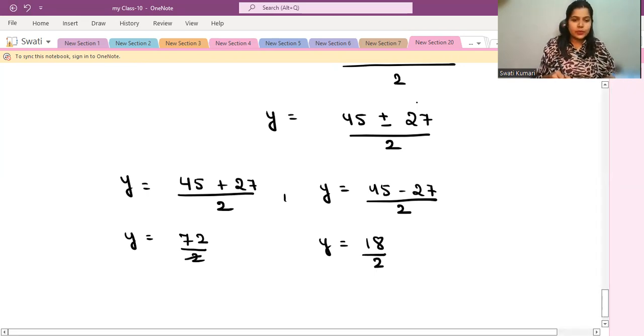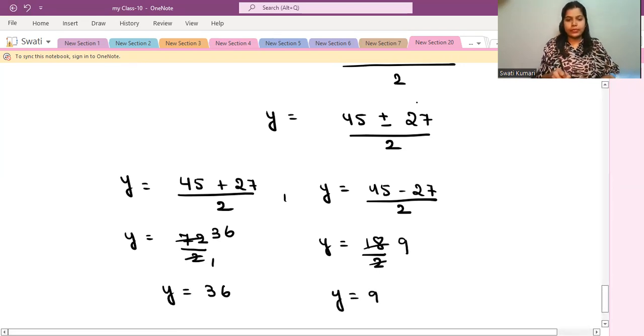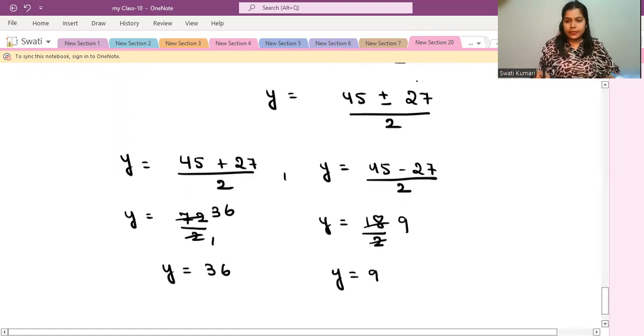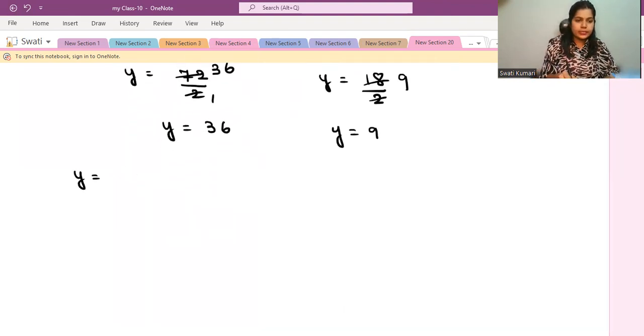So yes, this is going to be 2 into 1, 2, 2 into 3, 6. 7 minus 6 is 1, 2 into 6 is 12. So yes, we got y equals 36. And here we are getting y equals 9. So we are getting two values of y. One is 36 and the other one is 9, right? So yes, we can write down here y equals 36 and y equals 9.